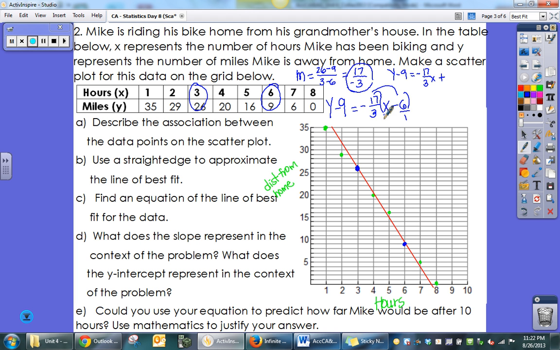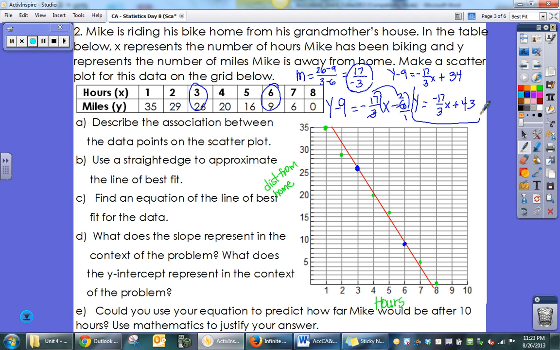So I'm going to go ahead and simplify, 3 into 6 goes twice, so 17 times 2 is 34 over 1. Now you could easily have multiplied 17 times 6 and then divided by 3, and you will end up with the same answer. So lastly, I'm going to add 9 to both sides, so y equals negative 17 over 3x plus, and when I add 9, that's going to become 43.